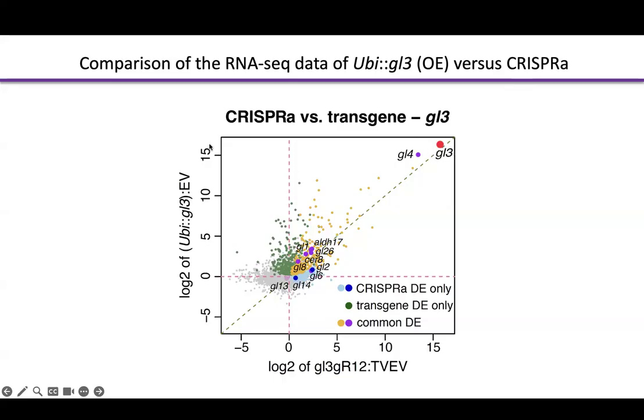Here, GLOSSY3 is the highest expressed gene, with 2 to the power of 15, a huge induction of GLOSSY3. These two methods show good correlation, as you can see here. We also found that most of the already known GLOSSY genes can be upregulated by GLOSSY3 gene expression.